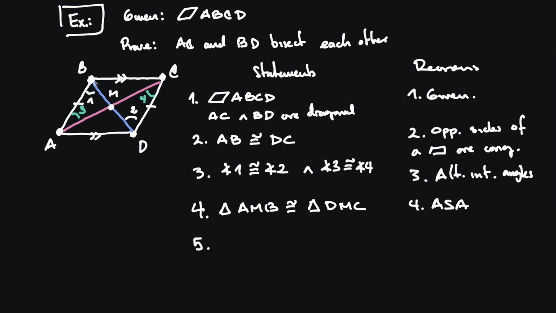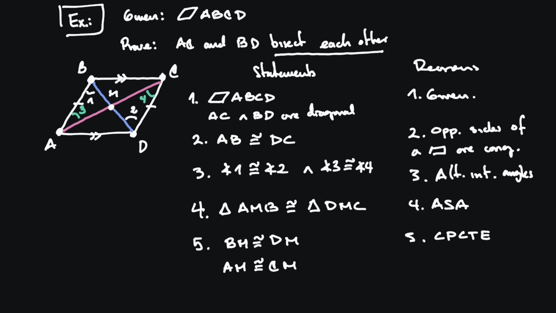So now we know that BM is congruent with DM, and that is the idea that we needed to prove, because they bisect each other. So they must be equal. So BM is congruent to DM, and AM is congruent with CM. And this is by corresponding parts of congruent triangles are equal, or CPCTE.